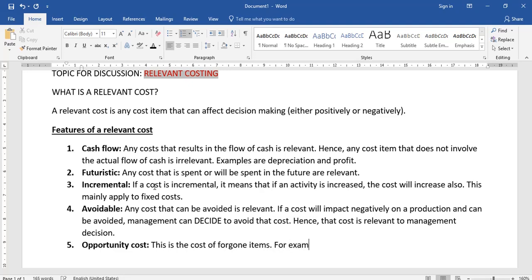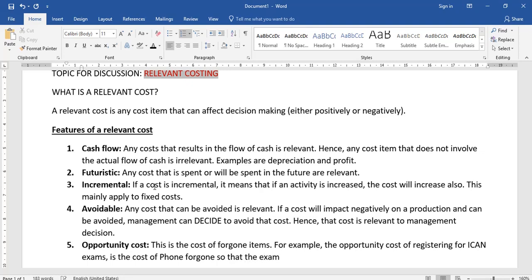For example, the opportunity cost of registering for ICAN exams is the cost of the phone foregone so that the exam could be written.